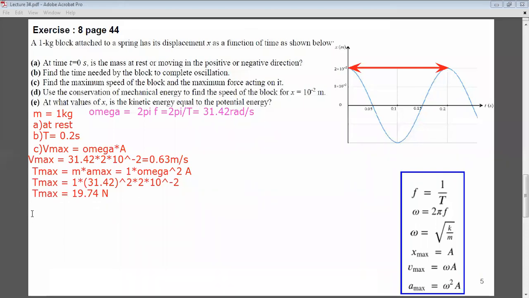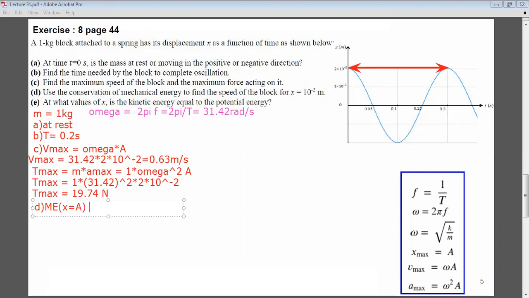Part D. Let's do part D here. Use the conservation of mechanical energy to find the speed of the block for x equal minus 2. So here we will say mechanical energy at x equal A. Always do this. Whenever they say use conservation, or even if they don't say use conservation of mechanical energy, when we have to find the speed at a particular position x, it means I have to use conservation of mechanical energy, where in the equation there is x and v, okay?